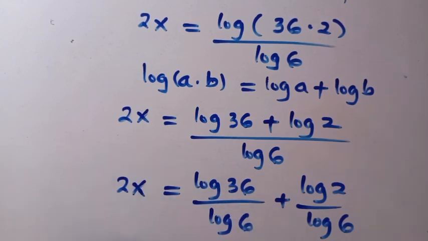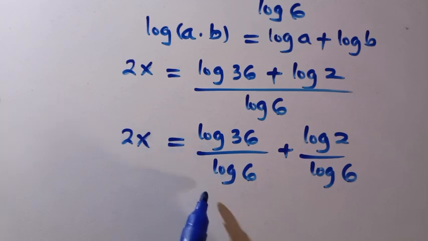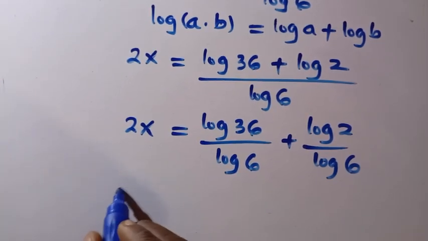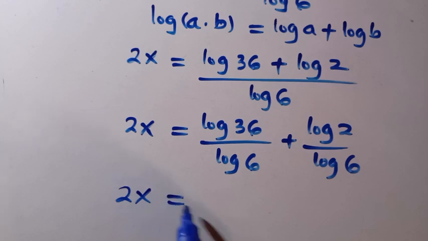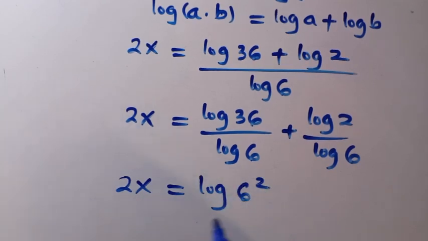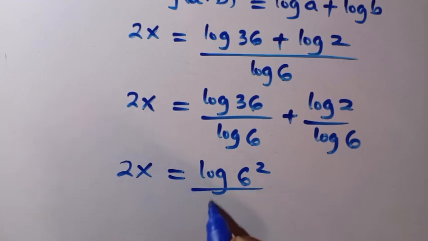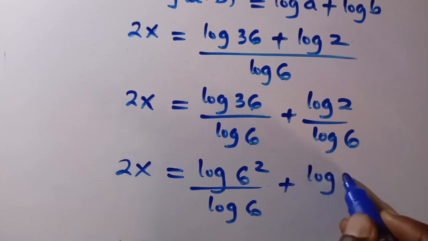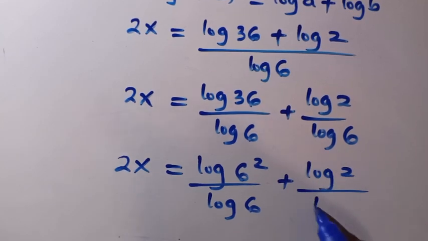So from these expressions, 36 is a perfect square, which we can write as 6 squared. Then we have 2x equals log 6 squared divided by log 6 plus log 2 divided by log 6.